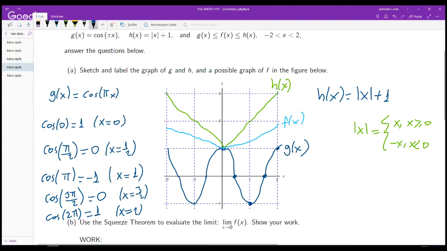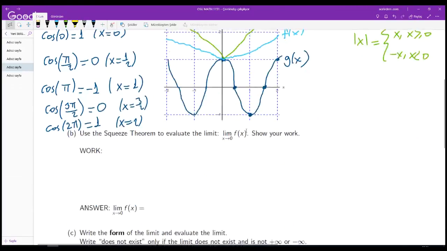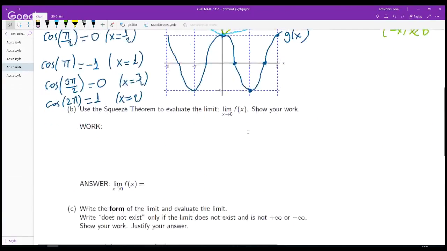So this was the sketching part, and part B, use the squeeze theorem to evaluate the limit of f(x) as x approaches 0. Okay? So what does the squeeze theorem say?